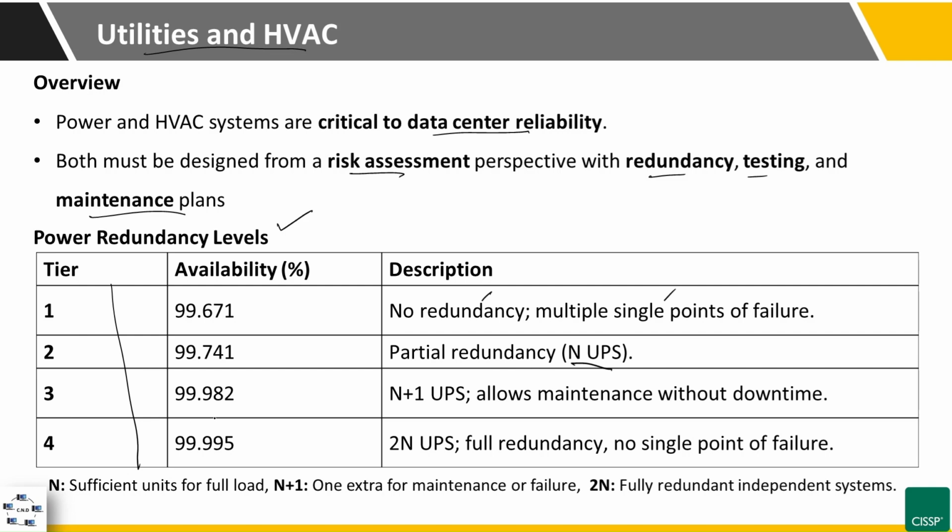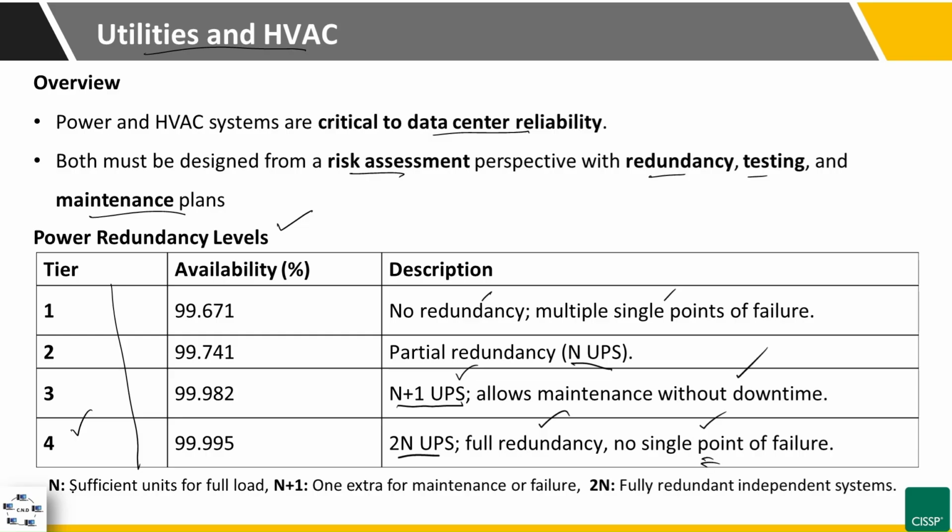Tier 3 has 99.982% availability. It has an N plus 1 UPS configuration, which allows maintenance without downtime. Tier 4, the highest tier, has 99.995% availability, and it has 2N UPS and full redundancy, and there is no single point of failure.